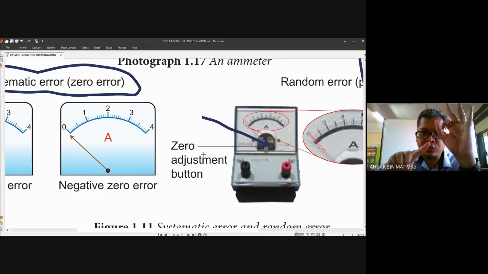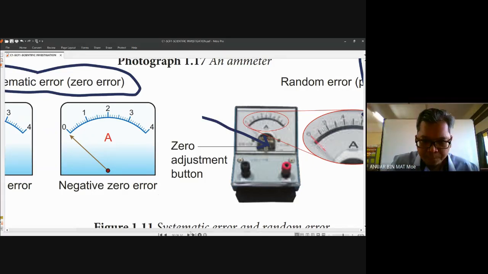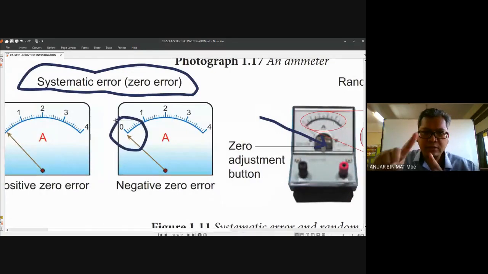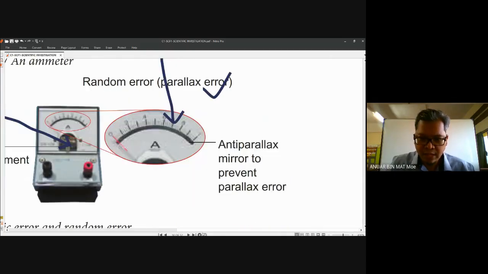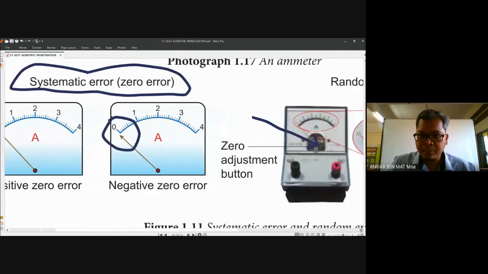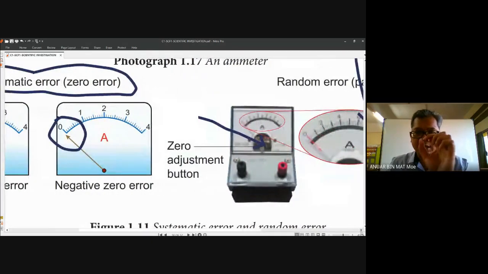So if the needle here points at 0, it has no systematic error. But if there is a negative or positive zero error, you need to adjust it according to the 0 value, the 0 number.